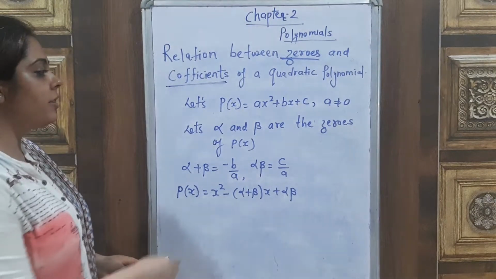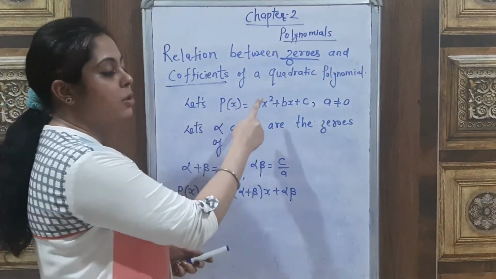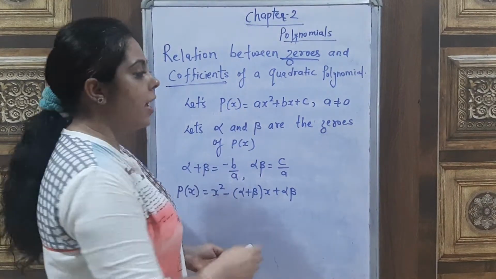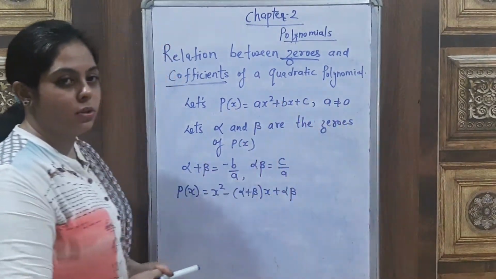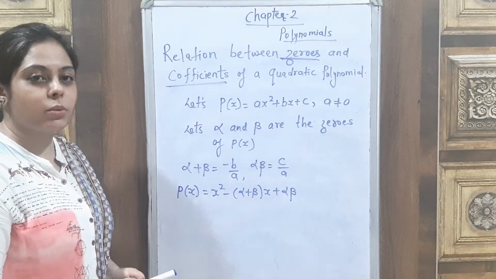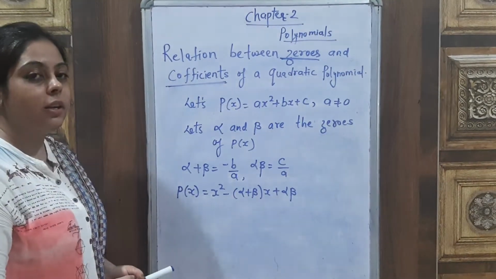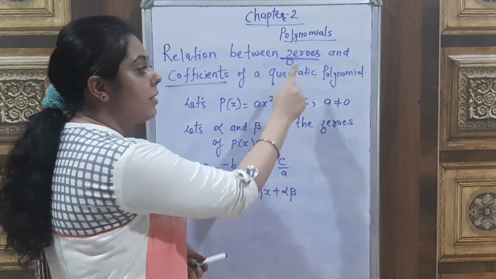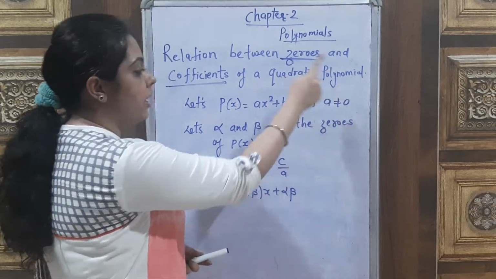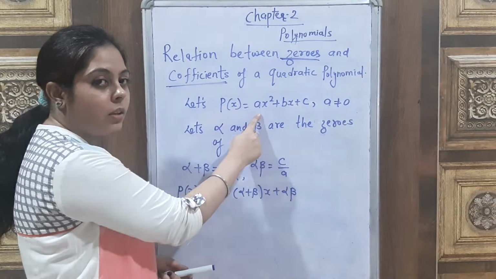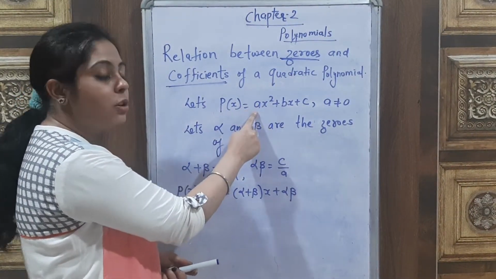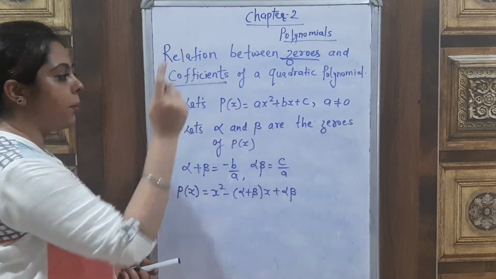So here we have taken a polynomial p(x) equal to this, where a, b and c are the coefficients and a is not equal to 0. Why a is not equal to 0? Because here we want a quadratic polynomial, and in a quadratic polynomial we need a term with x². That is why a should not be equal to 0.